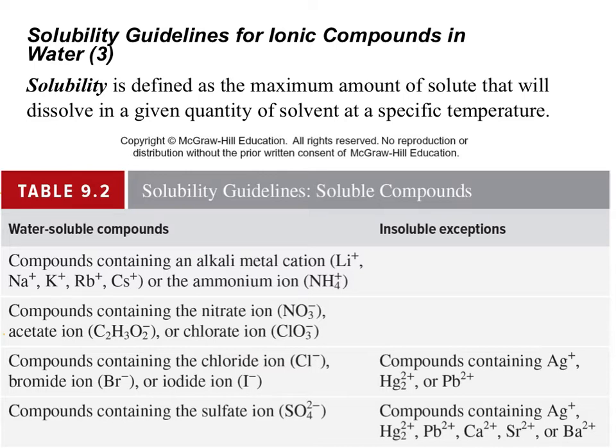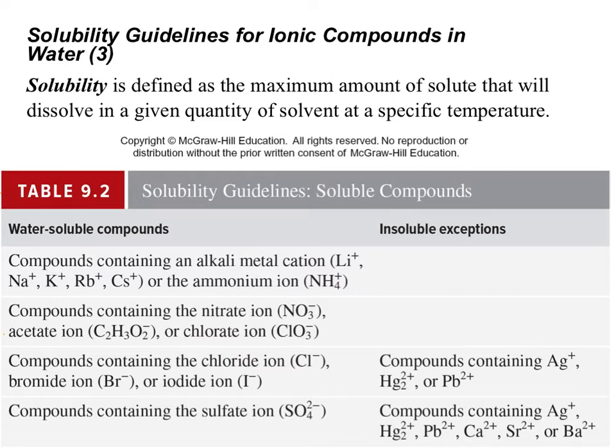Water-soluble compounds will include alkali metal cations such as lithium, sodium, potassium, rubidium, or cesium, or the ammonium ion as the cation. Or they may contain the nitrate ion, the acetate ion, or the chlorate ion. It may contain the chloride ion, the bromide ion, or the iodide ion, with the exceptions of silver ions, mercury ions, and lead ions.